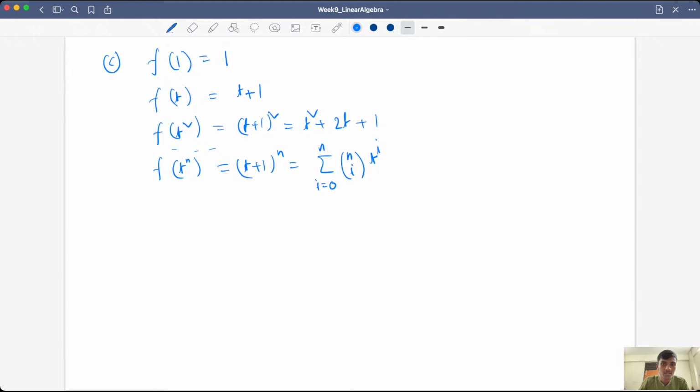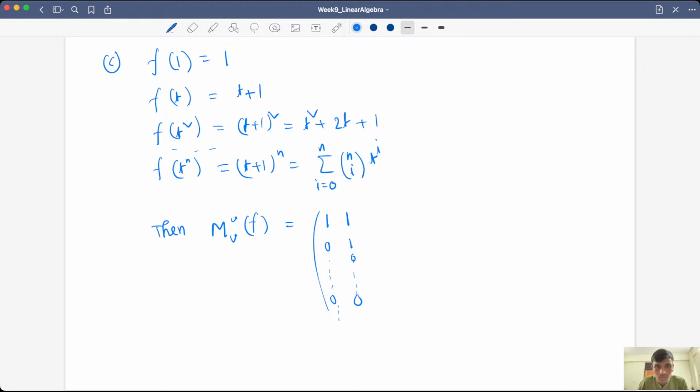So the matrix you now get is, for the first one, this is just 1, everything else is 0. For the second one, it is t+1, so the first entry is 1, the second entry is 1, and the remaining are 0.